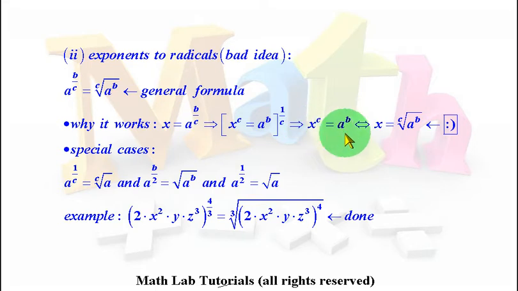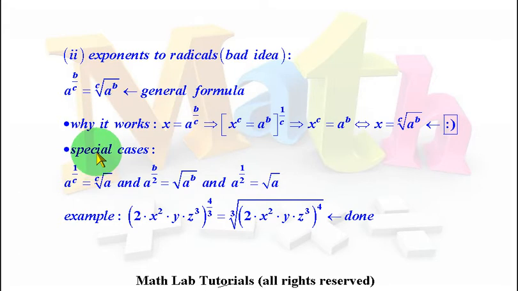So you get x equals the cth root of a to the power b. So all in all, we've shown that if x is equal to a to the power b over c, then x is also equal to the cth root of a to the power b. So in other words, these two expressions are completely equivalent.